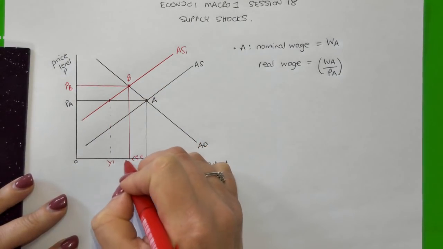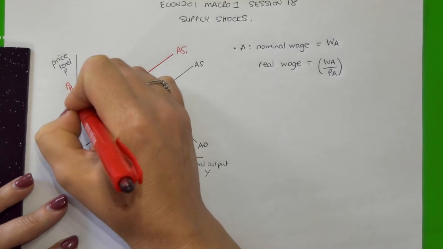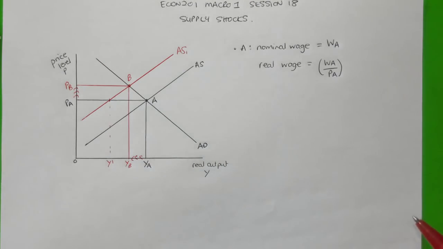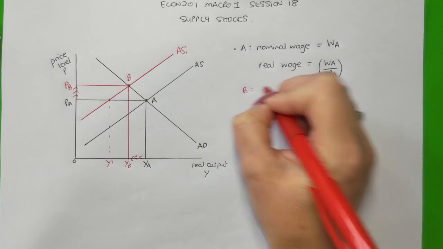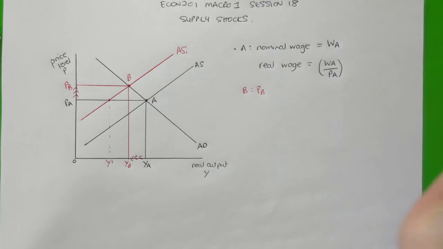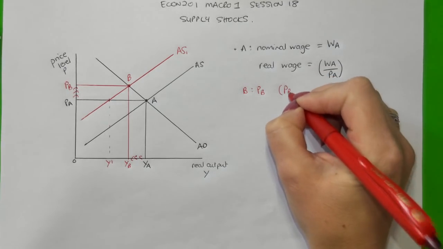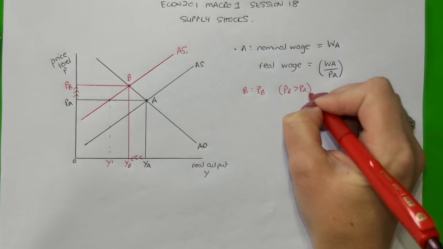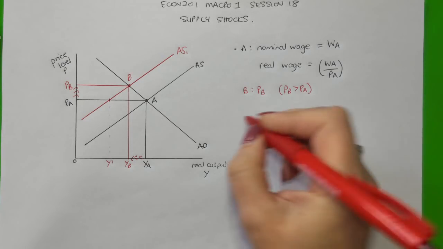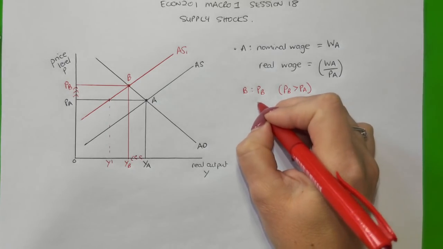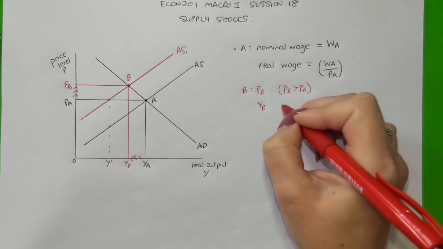Alright, so the big issue with supply shocks is that they cause two bad things in the economy to happen at once. At point B, the price level is now PB, and note that PB is higher than PA, so the effect of the supply shock is inflationary, prices go up. And in addition, the new equilibrium level of output is YB.